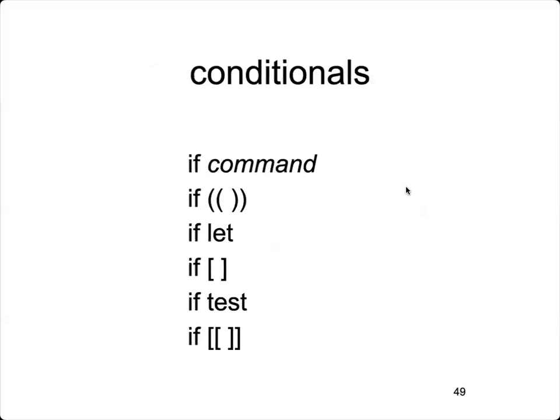All right. So there's a ton of ways to do conditionals in Bash. And what I want you to do is stop using a couple of these because they're problematic. So let's go through them. Command lets you run a command. This is handy. This one lets you do numeric comparisons. Let and single space are the granddaddy, or single bracket are the granddaddy of the if statements. We'll go through those in a minute.